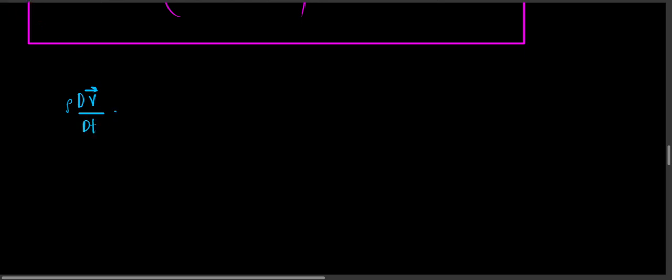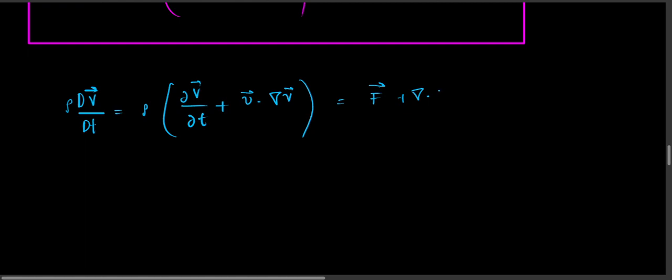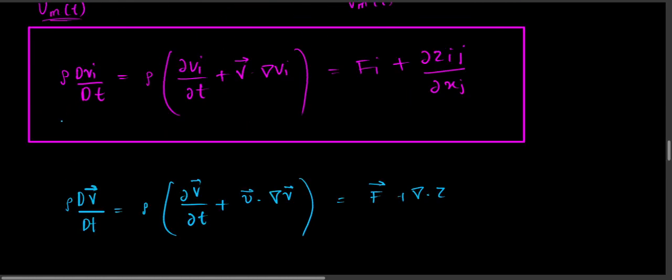And this I can write down as the body force plus gradient of tau. These tau terms come from the viscous forces. So finally we have the Euler equations: this is the tensorial form, and this is the vectorial form of the Euler's equation, and there you have it.